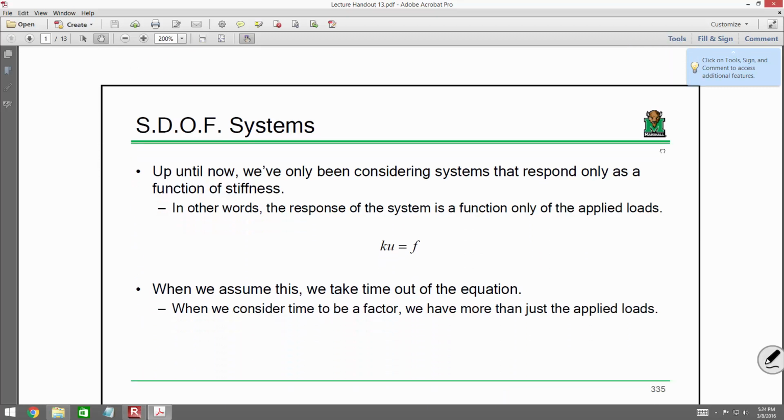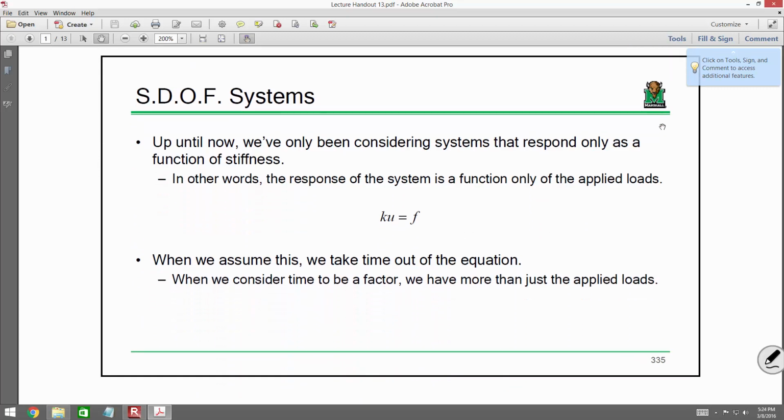Okay, so up until now, what we've been doing in this class are problems like this. Okay, and what I mean by that is that we have only been considering our response as a function of the applied loads, and really that's it.